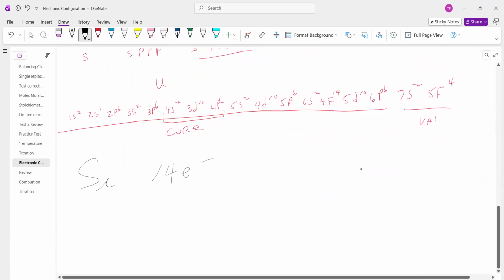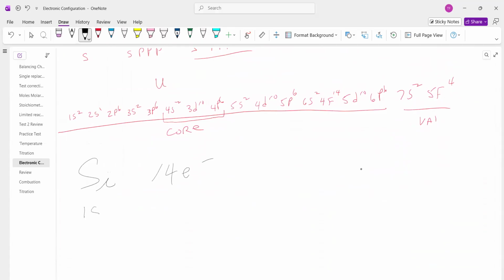So let's do it the long way first. There's silicon's two in. Okay, so that's the long version. The abbreviated version is going to have core, valence.